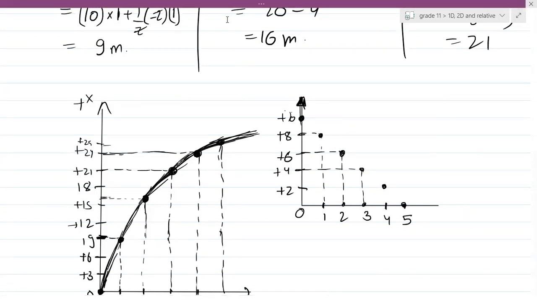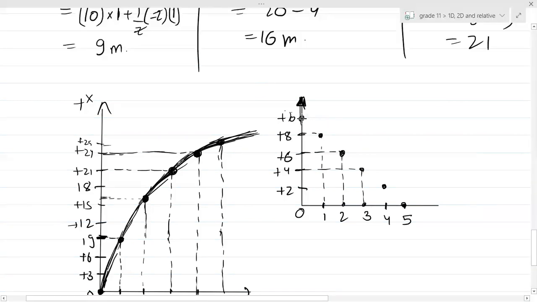I'll just draw it. Is this clear, guys? So can you see the velocity time graph for an object which is decelerating?